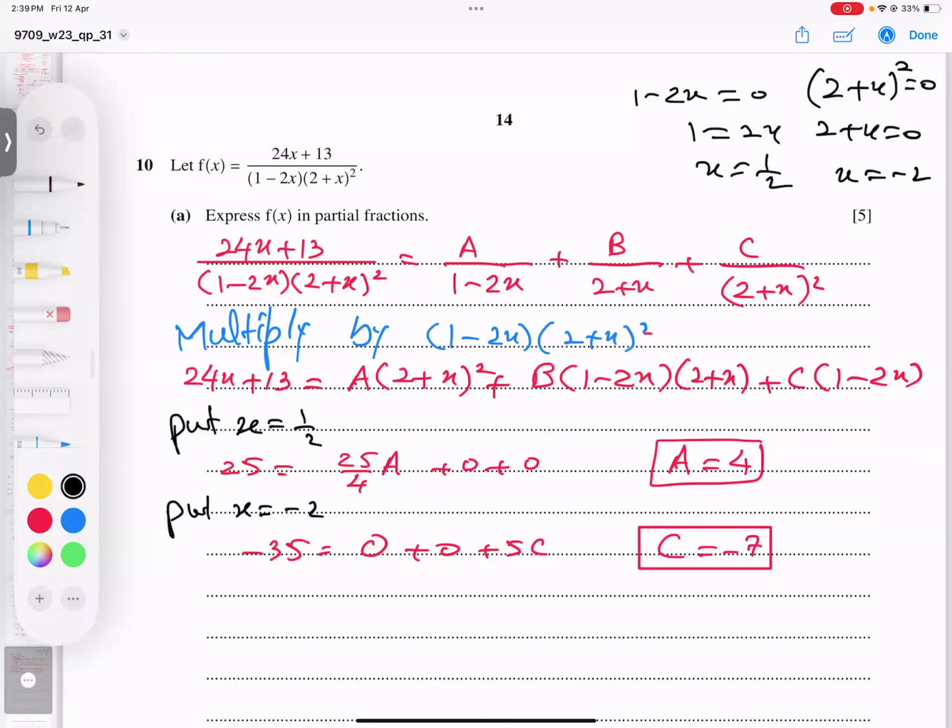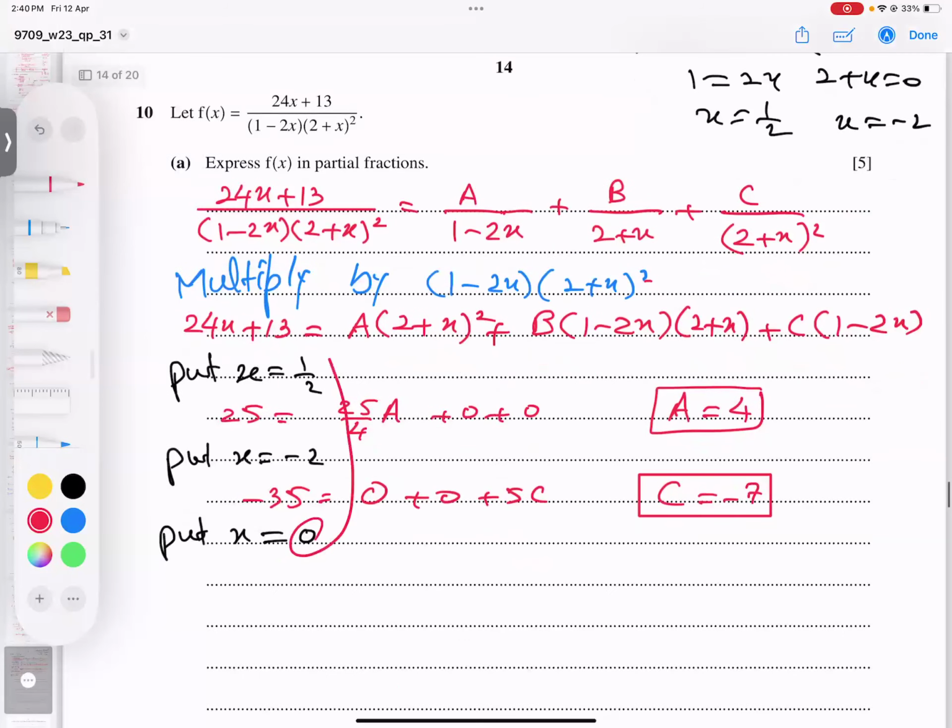Okay students, now the problem is that we have one variable left behind, but we have no other factor to put equal to 0. Then I can put any number. I can put 100, I can put 1000, but the best number I can put is 0. So when I plug in 0, what happens here? I get 13 only. When I plug in 0 here, I get 2 squared, 4, so I get 4a.